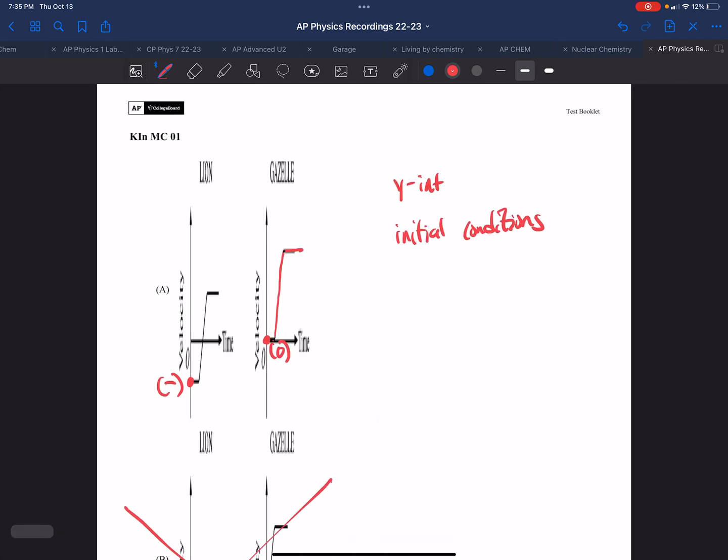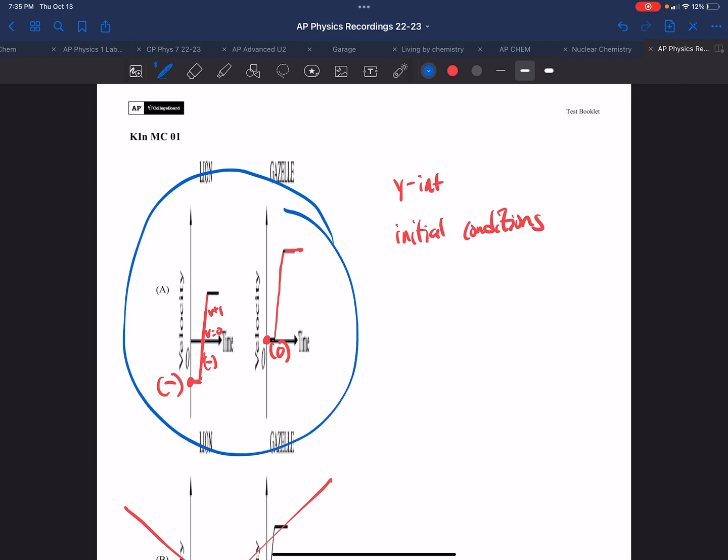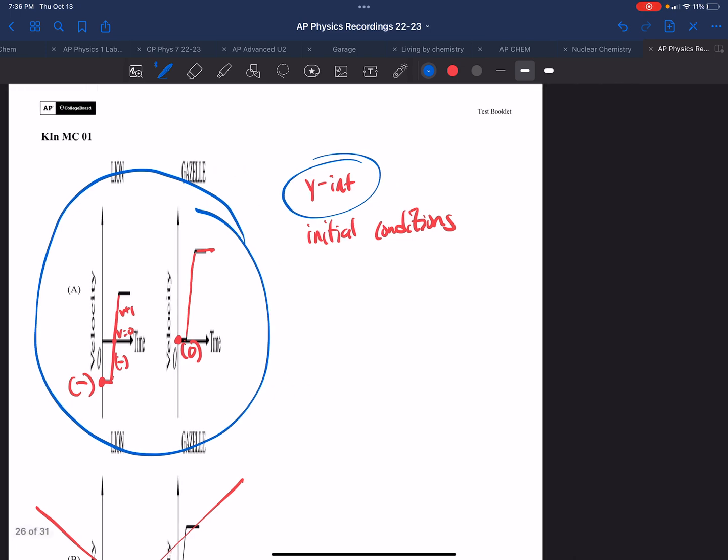So negative for a while, then positive slope. Notice the velocity is negative, and then it goes to velocity equal to 0, and then the velocity is positive. That shows him slowing down to 0 and reversing direction and then traveling at constant velocity. So A is consistent all the way through, but notice we got to 50-50 just by looking at the y-intercepts.